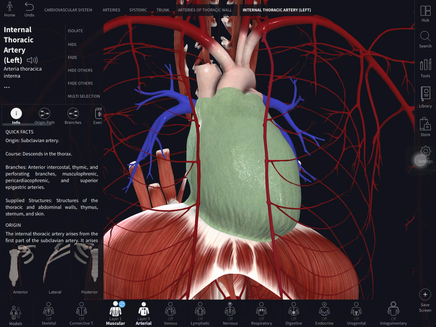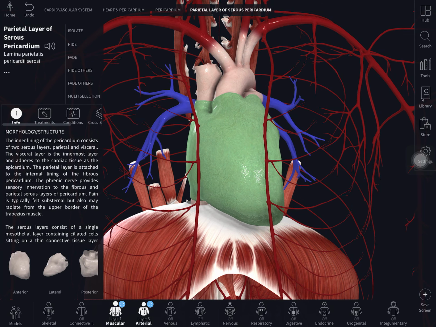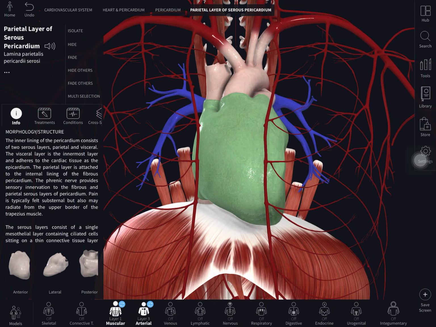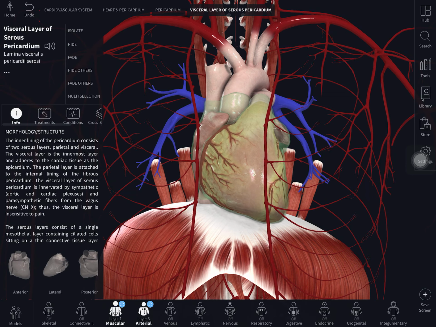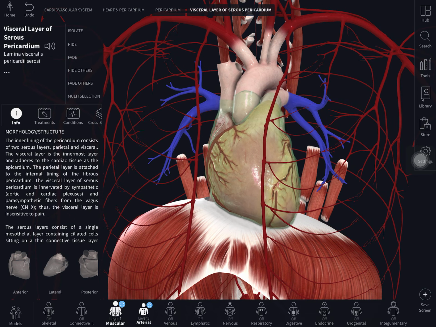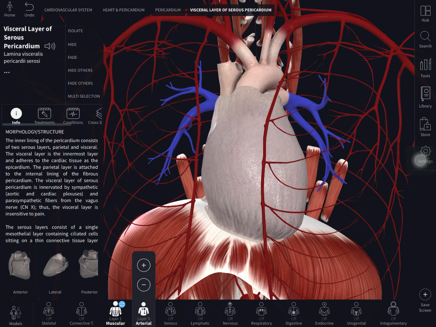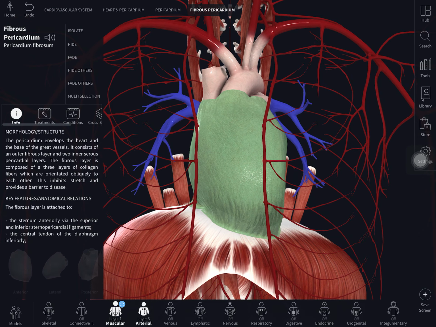Okay, you can see this is the parietal pericardium. I remove that, and this is the parietal layer of serous pericardium. And this is the visceral layer of the serous pericardium. These layers, this membrane, secrete fluids.